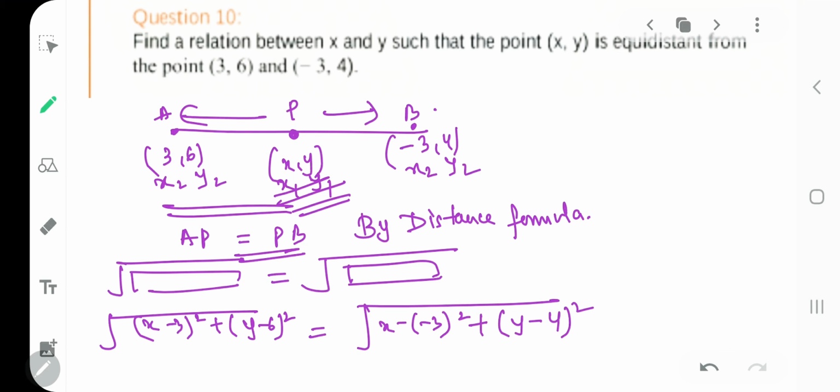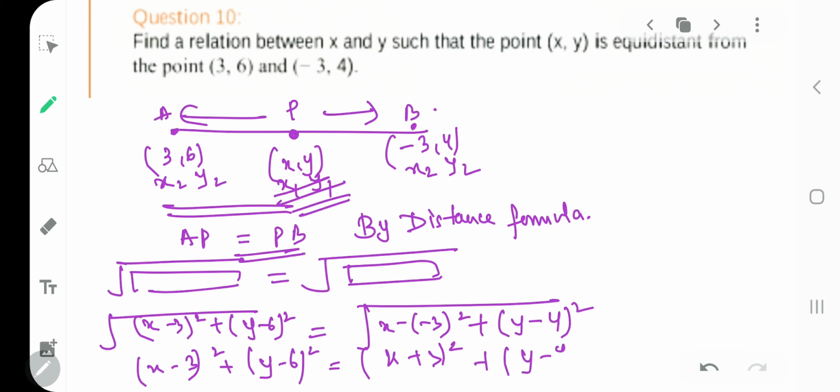Okay. So my dear kids, by squaring both sides, the square root will vanish and you will get something like this. Once you got this, you have to open up by using the identity, so that you will get something like this. If I open up x minus 3 the whole square, I'll get x square plus 9 minus 6x.